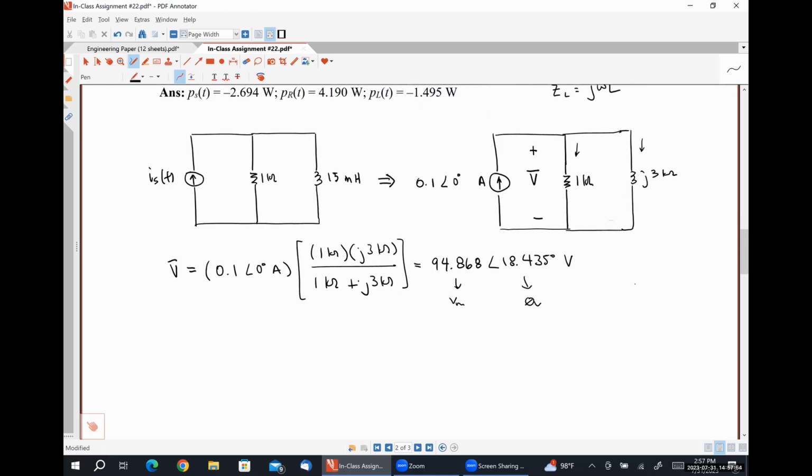So for our current source, we're going to use our generic equation. So that means we're going to have 1/2 VM IM cosine(theta V minus theta I) plus 1/2 VM IM cosine(2 omega t plus theta V plus theta I).